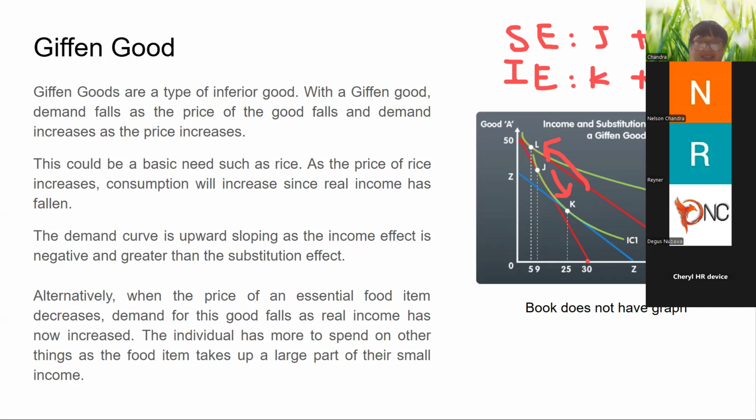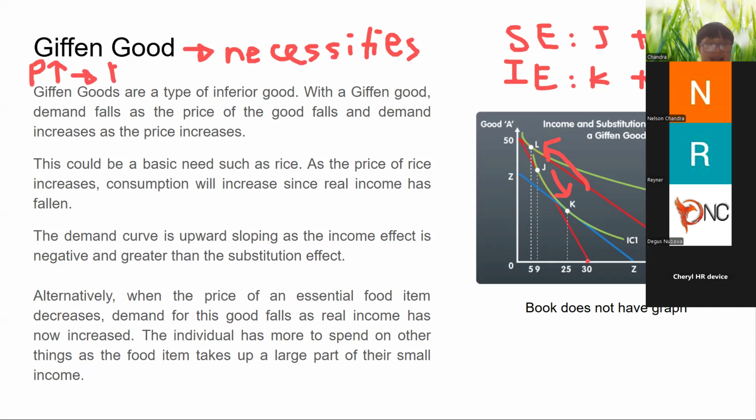Because again, Giffen goods are goods that will be consumed more when the price of the goods is higher. These are necessities, right? You are going to purchase more of them, so when the price is higher, the demand or the consumption will be higher for these goods. These are rice and cooking oil.